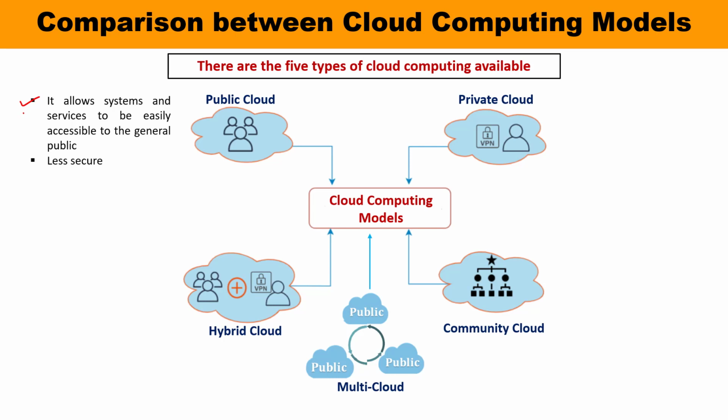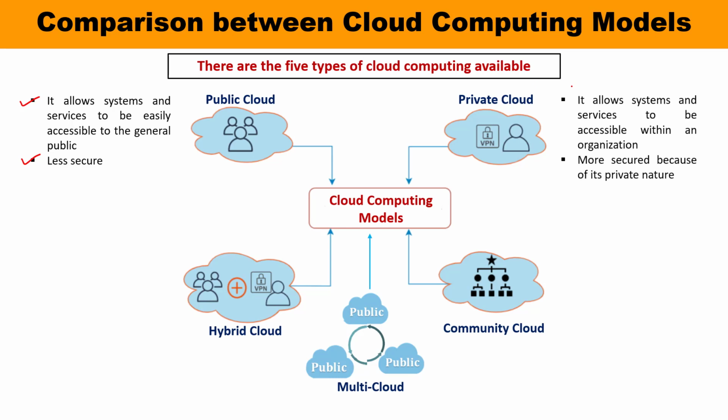Public cloud operates on a pay-per-use model, and it is administered by a third party, that is the cloud service provider. You must remember that the same storage is being used by multiple users even at the same instant of time. This is less secure also.